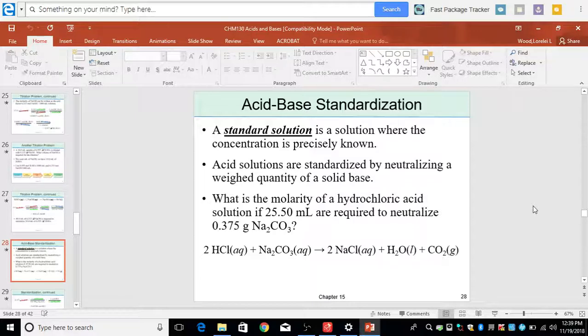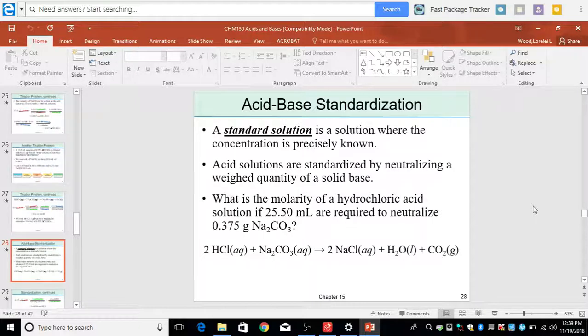Huh, interesting. All right, well, we'll still do it. 2HCl plus sodium carbonate gives us 2 NaCl's. Oh, I see, it's a decomposition. All right, and CO2.